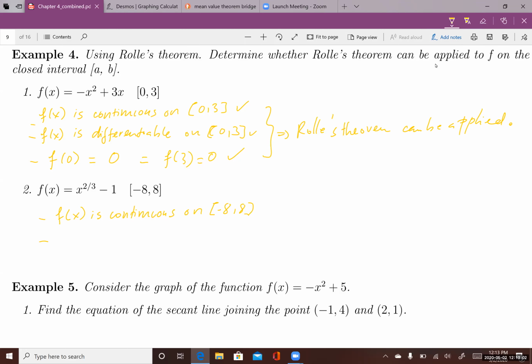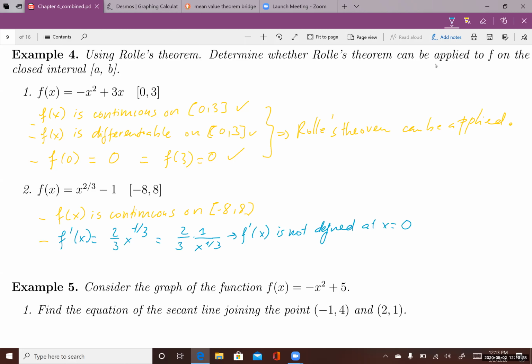How about f prime of x? So f prime of x is going to be 2/3 x to the negative 1/3, right? And x to the negative 1/3, remember, we can move it down to the denominator, okay? If it's moved down to the denominator, that means f prime of x is not defined at x equals 0, okay?